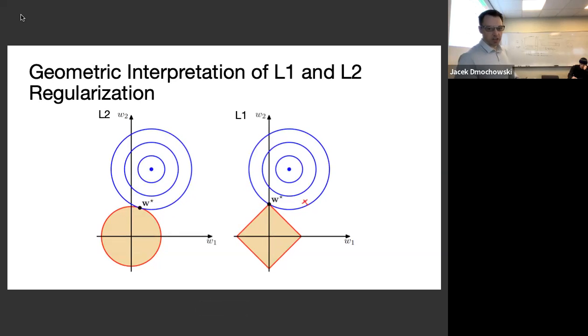and these are the contours of that function. So the contours of the L2 function are spherical, they're hyperspherical, I guess, in the dimensions. So, right, let me unpack this picture. The blue contours are your training set loss.